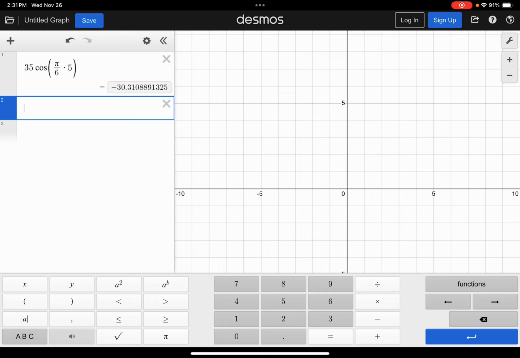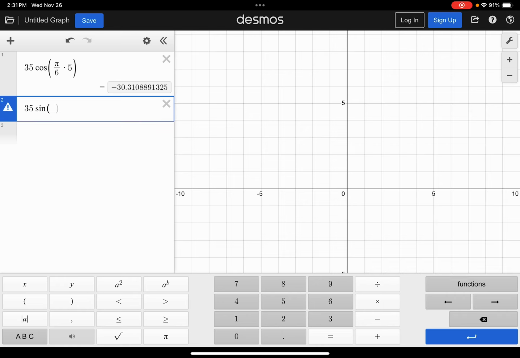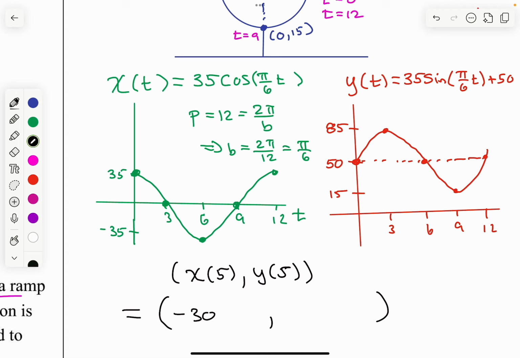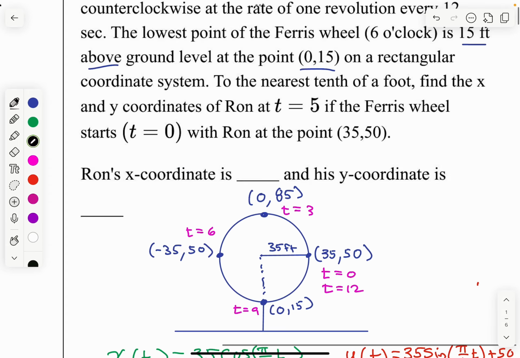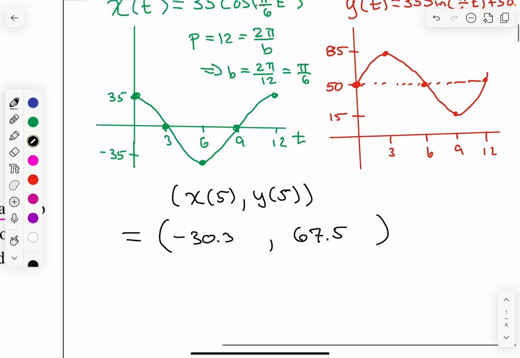And then we're doing 35 sine of pi over 6 times 5, and then we're going to add 50 to that. So it looks like it's negative 30.3, 67.5. Okay, and I think we wanted to round to the nearest tenth of a foot. Okay, so there we are.